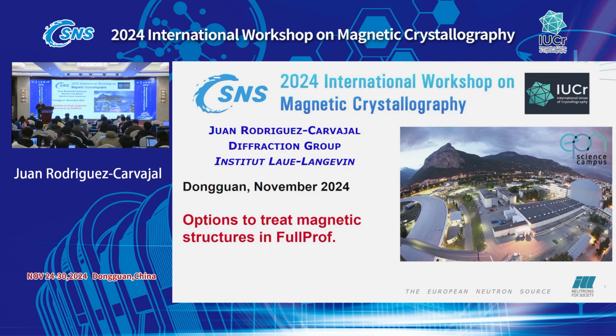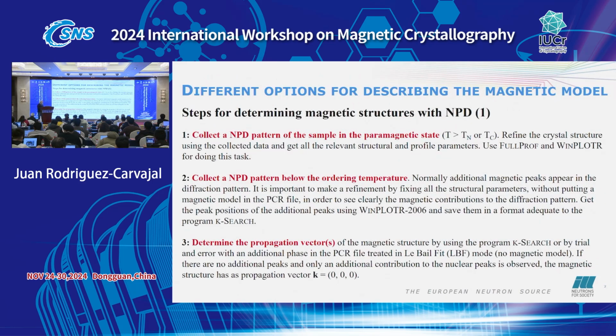Of course, when you have single crystals, you can go to see details, solve ambiguities, etc. But the main method for working with magnetic structure is neutron powder diffraction. This is an important thing. And how to work in order to determine a magnetic structure using neutron powder diffraction. We have a series of steps which are written in red here.